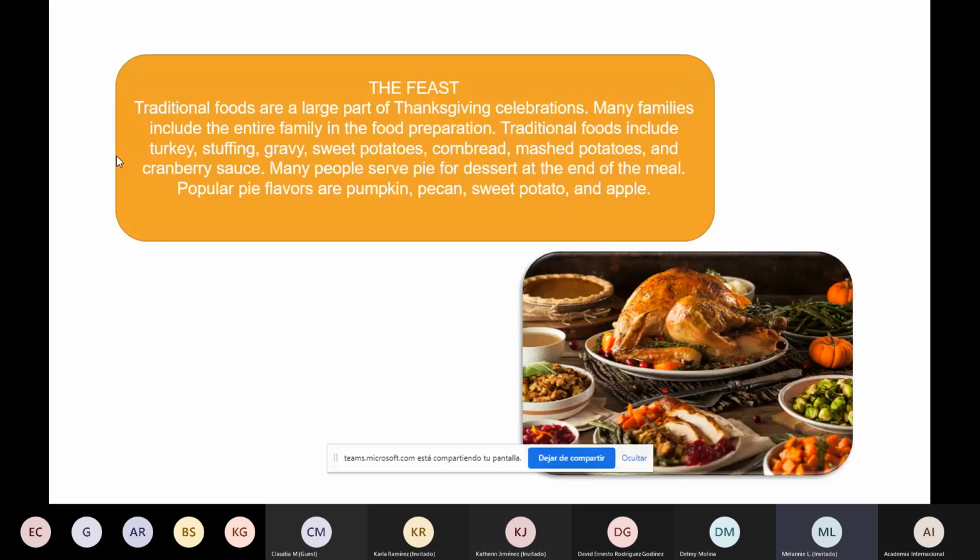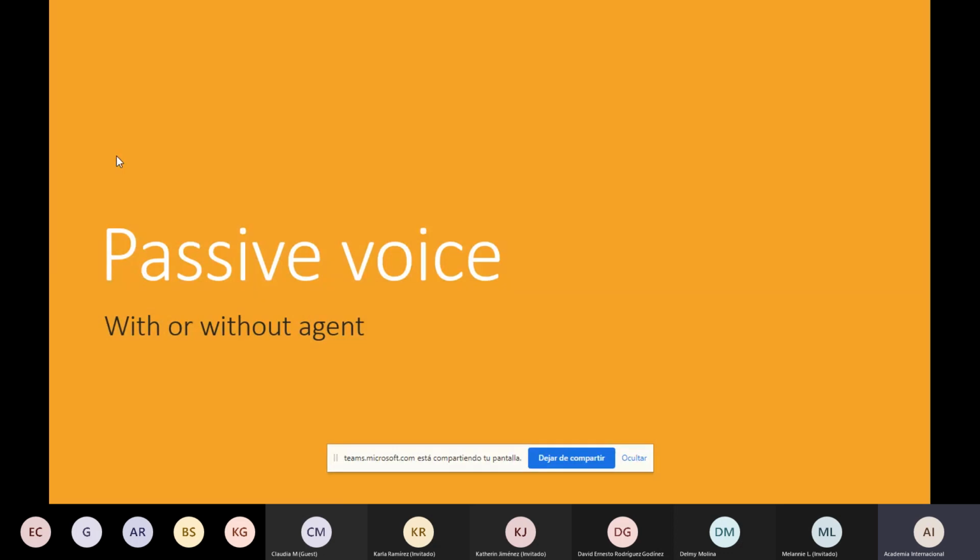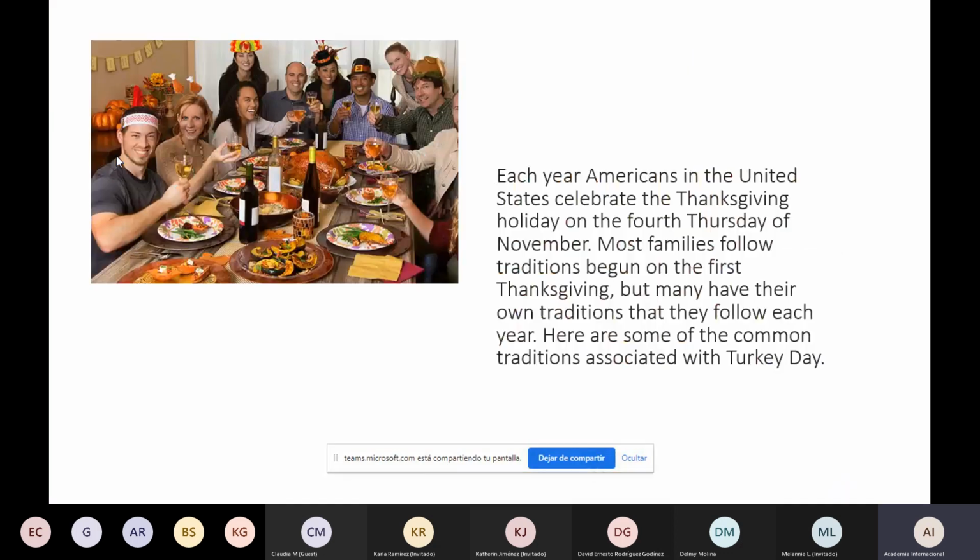Many people serve pie for dessert at the end of the meal. Popular pie flavors are pumpkin, pecan, sweet potato, and apple. Okay, thank you very much.